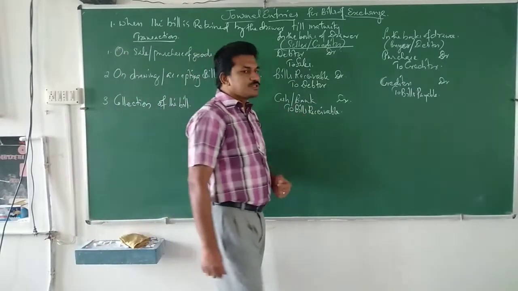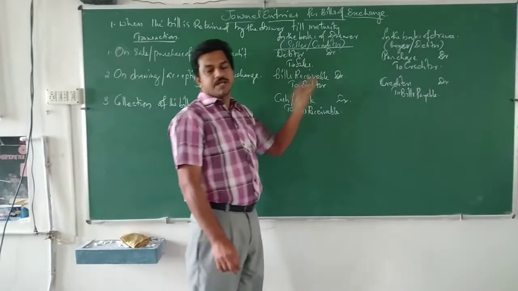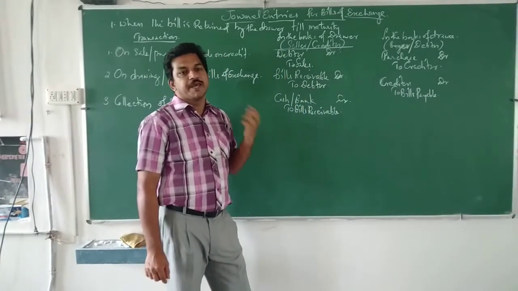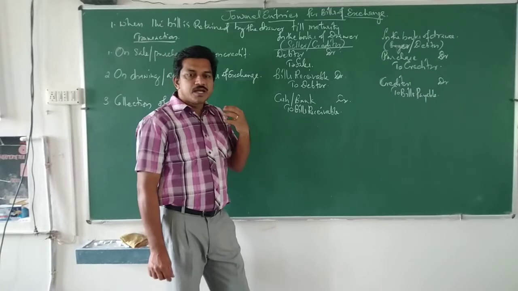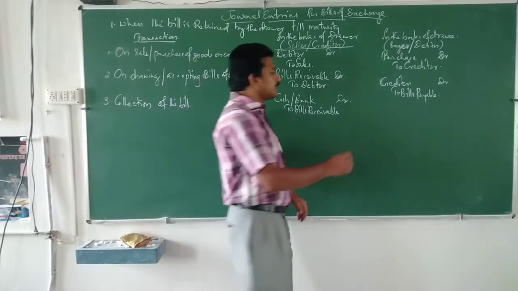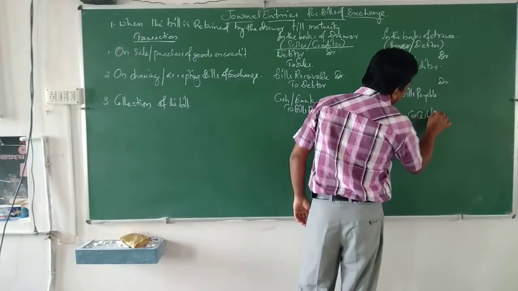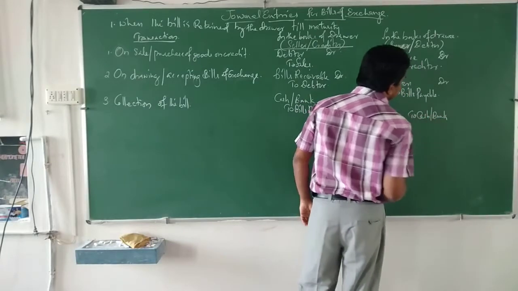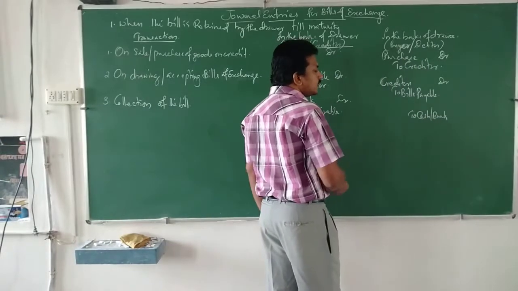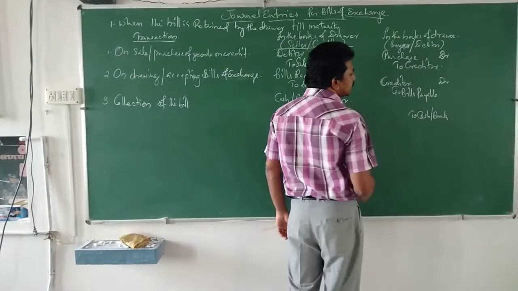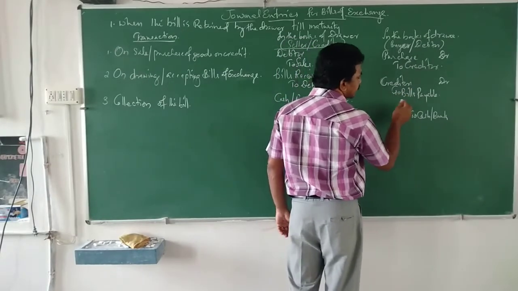Here what happens? He is paying the money. That means credit what goes out. So what he will write here? To cash or bank. Because this liability is settled. So this liability is cancelled.